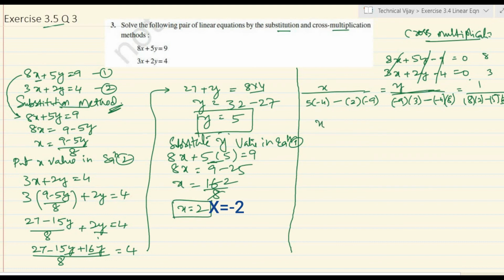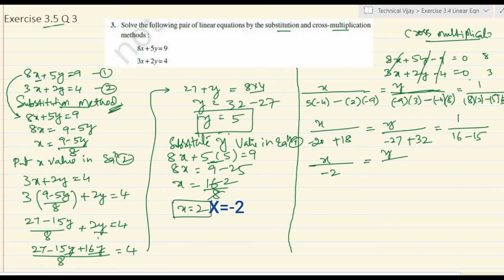So here x divided by 5 fours are 20, minus 20, so minus minus plus 18, is equal to y divided by minus 27 plus 8 fours are 32, is equal to 1 divided by 8 twos are 16 minus 5 threes are 15. So x divided by minus 2 is equal to y divided by 5 is equal to 1 divided by 1.